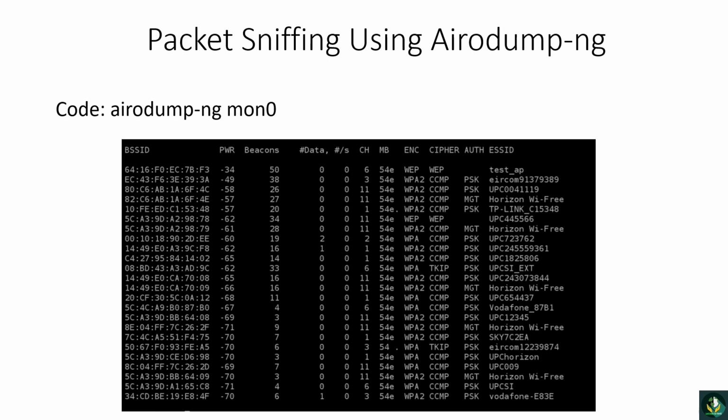MB is the maximum speed supported by the access point, so it can go up to like 54. ENC is the encryption used by the access point, so we see the encryption here as ENC.